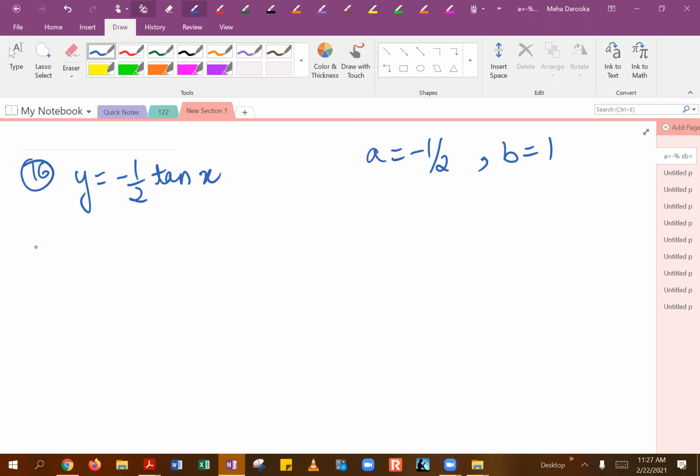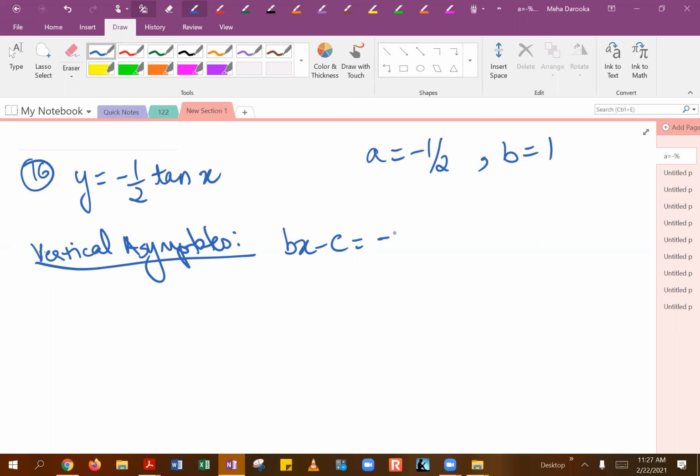Now to find our vertical asymptotes, remember they said use bx minus c equal to negative pi/2, and bx minus c equals positive pi/2.